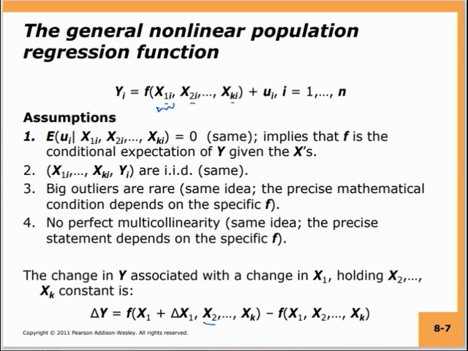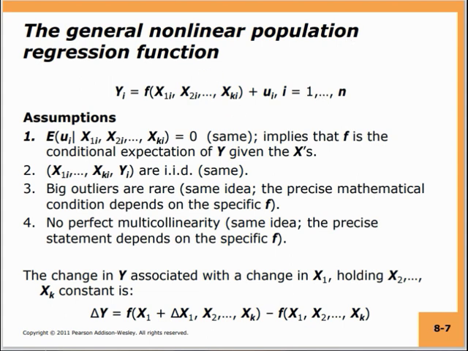So in each of these cases all the other variables are remaining the same, only x1 is changing from x1 to x1 plus delta x1, and you look at the result of just the marginal change in x1 on y, and that is given as the change in y with a unit change or a marginal change in x1, and this will be defined as the change on y of a unit change in x1.